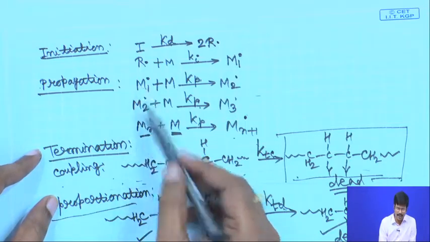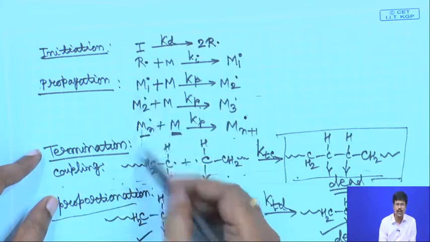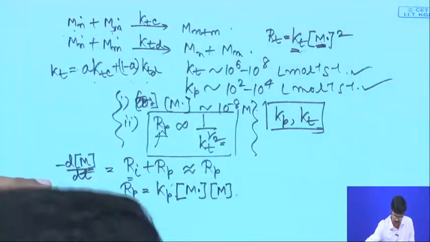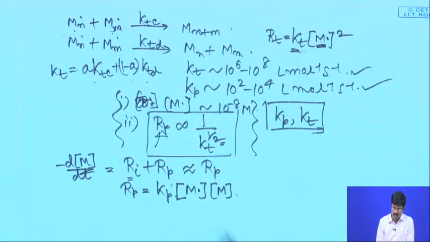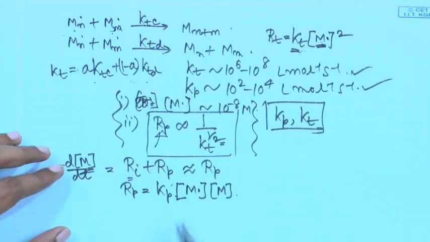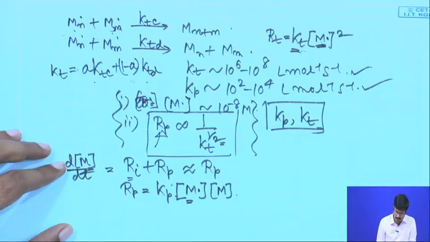That M dot actually includes the total concentration of all the radical species present there. That is why I am putting M dot and not Mn dot, because Mn dot actually identifies the species. M dot means summation of all the radical concentrations. So, this is M dot into M, the total concentration of chain radicals.